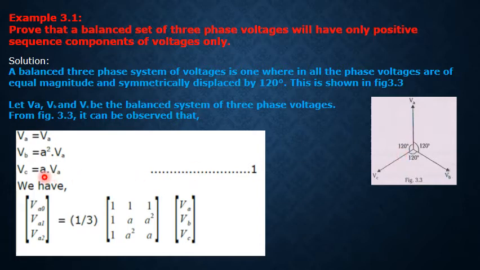That is nothing but a. So a represents a magnitude of 1 having an angle of 120 degrees with respect to the reference vector VA. These are the two phase voltages determined in terms of one phase. Here we consider phase a, VA. Is it clear?